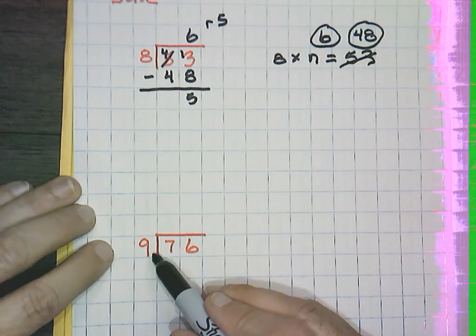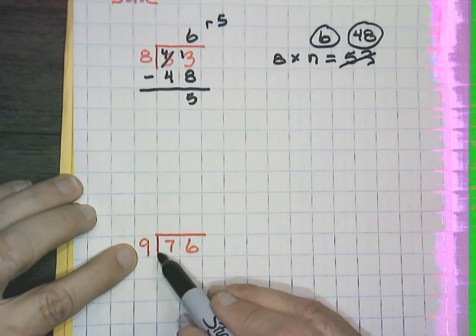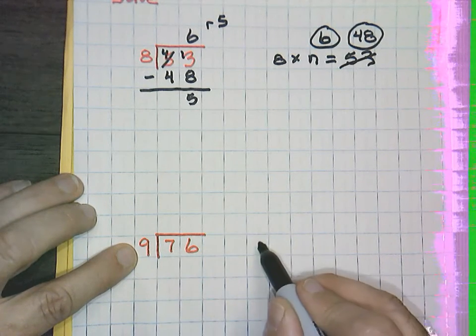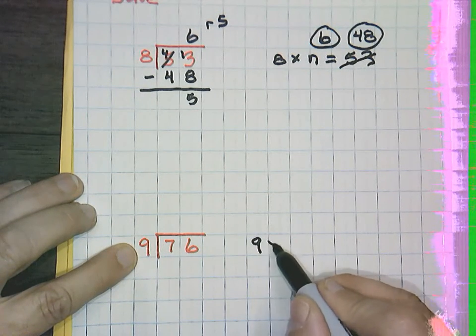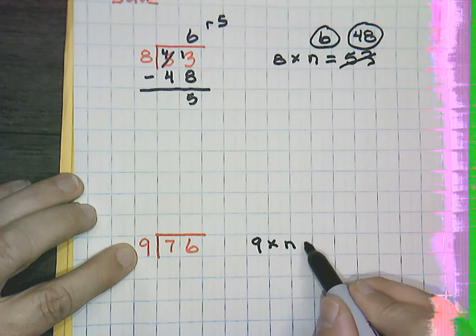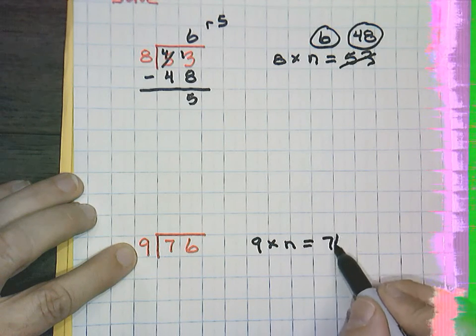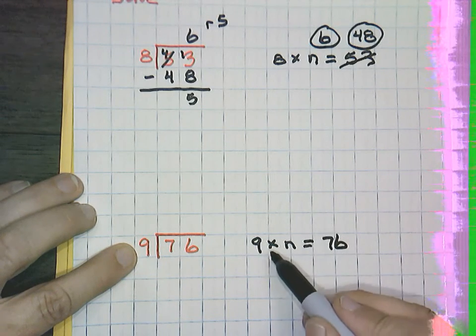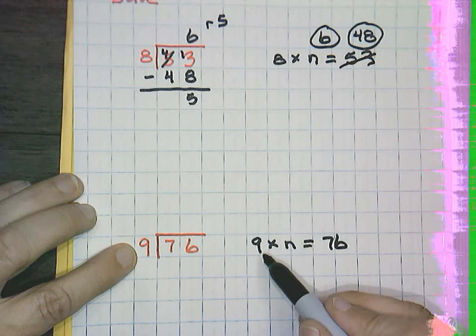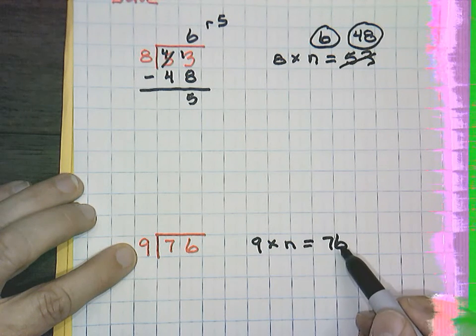76 divided by 9, I'm going to use my 9 and 76. So 9 times n equals 76. I know from my multiplication facts that I cannot multiply 9 by any number and get 76.